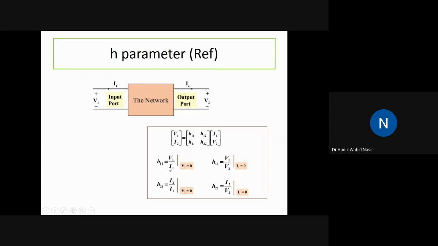H11 is equal to V1 by I1 at V2 equal to 0, H12 is equal to V1 by V2 at I1 equal to 0, H21 is I2 by I1 at V2 equal to 0, and H22 is I2 by V2 at I1 equal to 0.